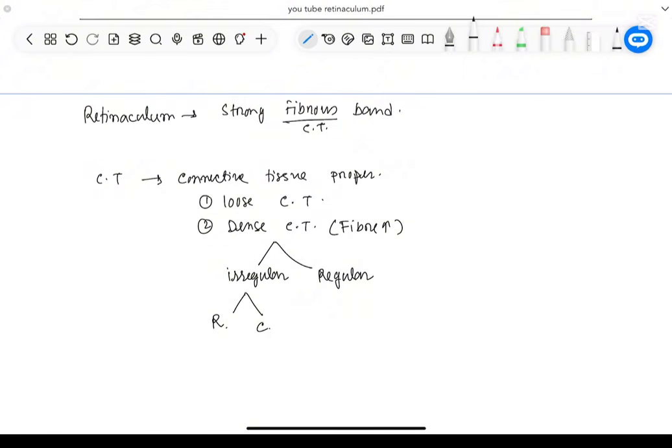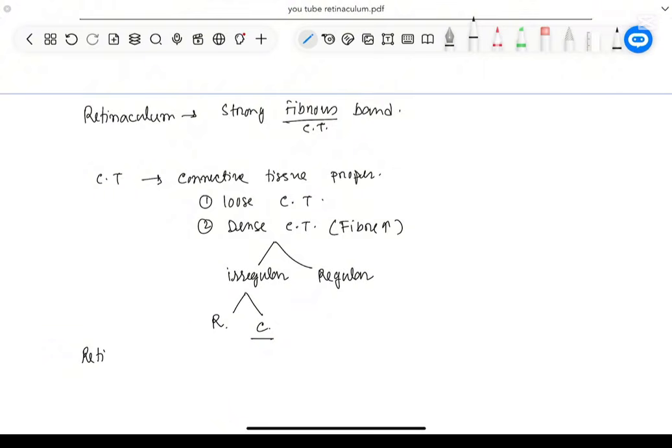So, if there is a collection of reticular fiber, we will say dense irregular reticular connective tissue. If there is collagen tissue, then we will say dense irregular collagenous connective tissue. Same in the regular also. Now, our topic is the collagenous irregular dense connective tissue. So, what is retinaculum?